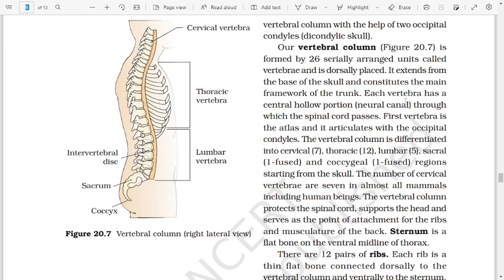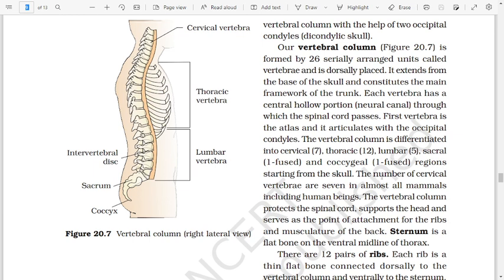Each vertebra has a central hollow portion, neural canal, through which the spinal cord passes. First vertebra is the atlas and it articulates with the occipital condyles. The vertebral column is differentiated into cervical 7, thoracic 12, lumbar 5, sacral 1 fused, and coccygeal 1 fused regions.